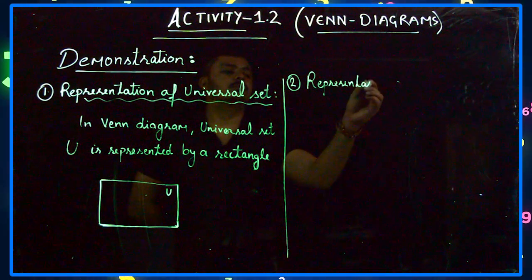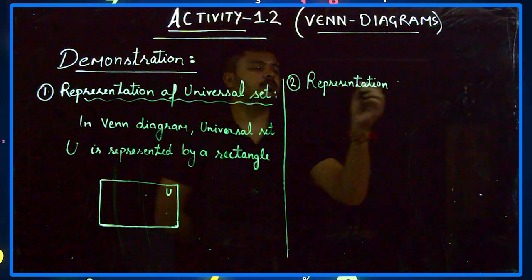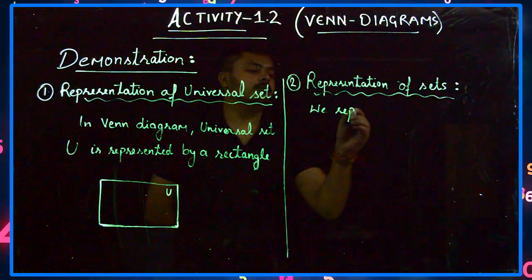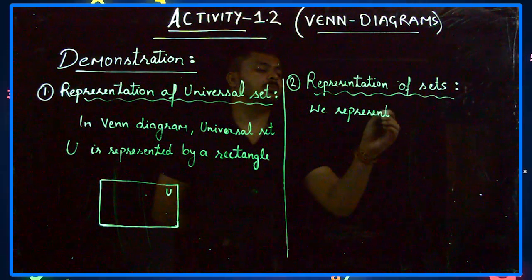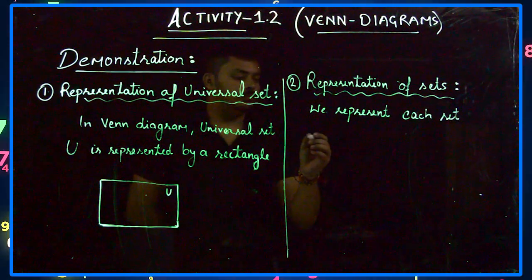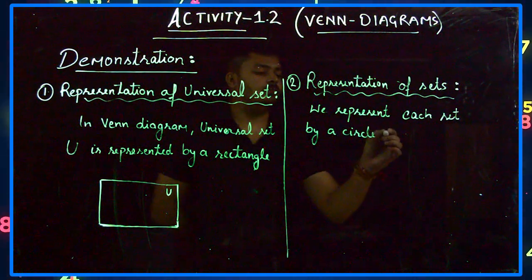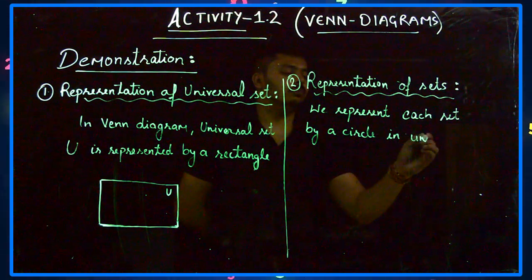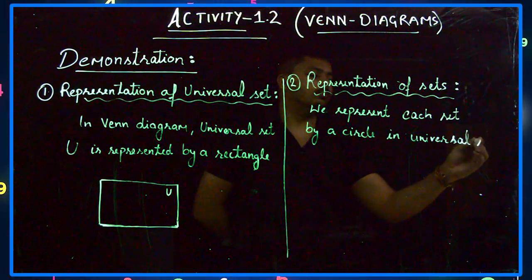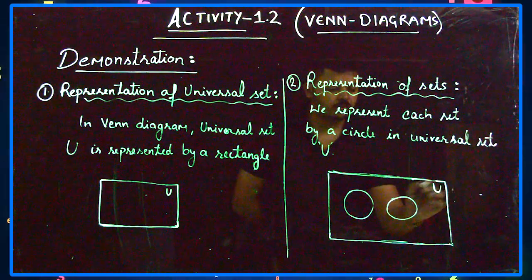Second, representation of a set. We represent each set by a circle in the universal set U. This is the universal set.